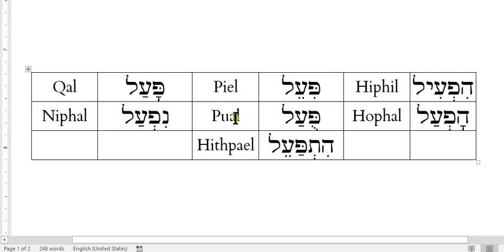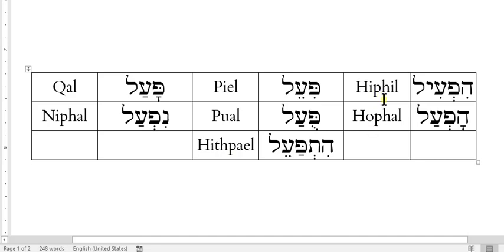So again, taking the verb shavar in the Piel, shiber is to shatter. The Pual, shubar, would be "it was shattered," making it passive. And the Hithpael takes the verb's meaning in the Piel and makes it passive reflexive. So maybe something like "they shattered one another."